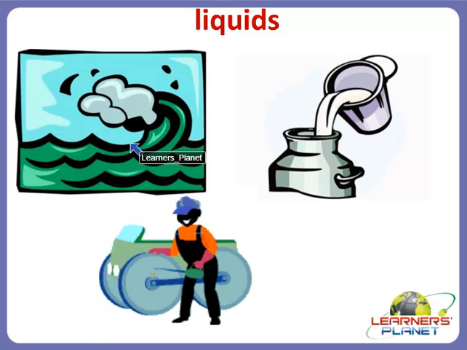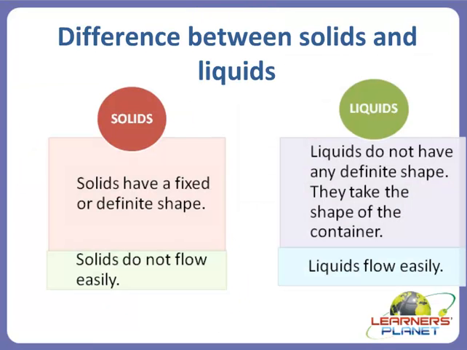So children, the substances that can take the shape of the container are called liquids. And liquids do not have any fixed shape.